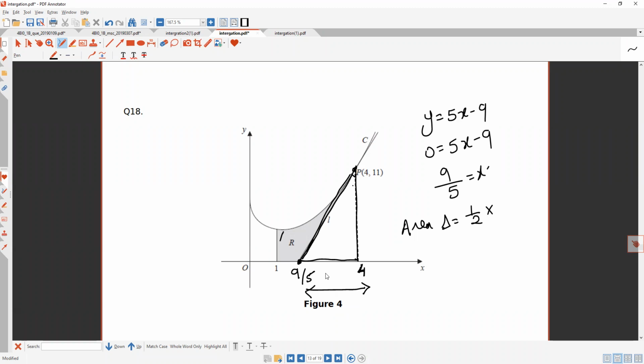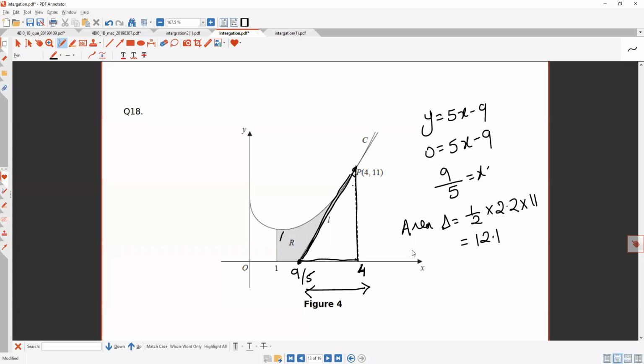It's 2.2. So the base is 2.2. Height is 11. That's what they gave us. So can I do 0.5 into 2.2 into 11? How much is it? It's 12.1. Okay. So I hope all of you understood this part.